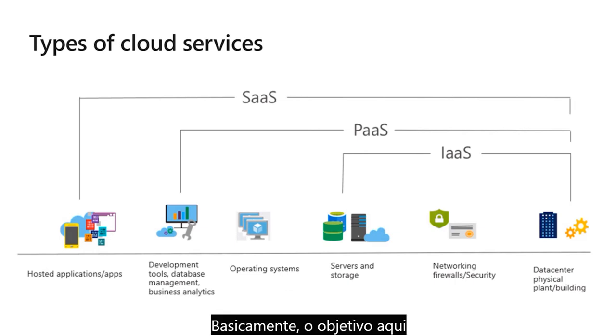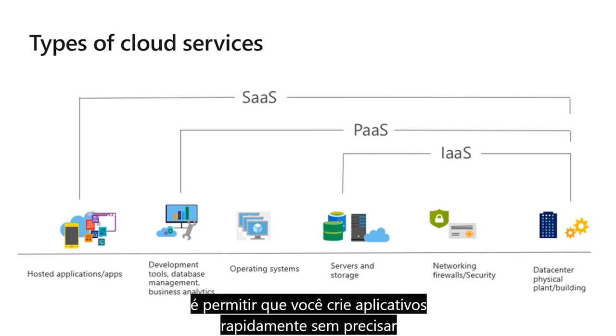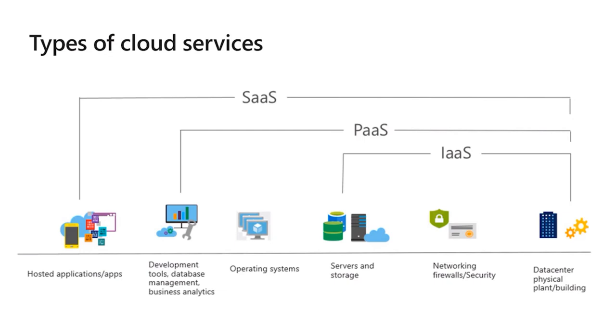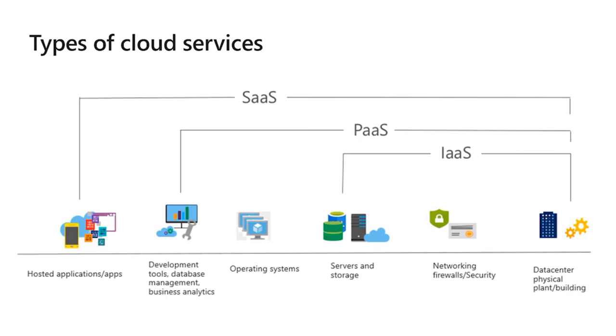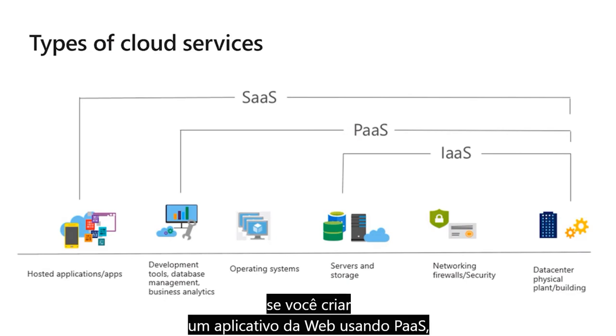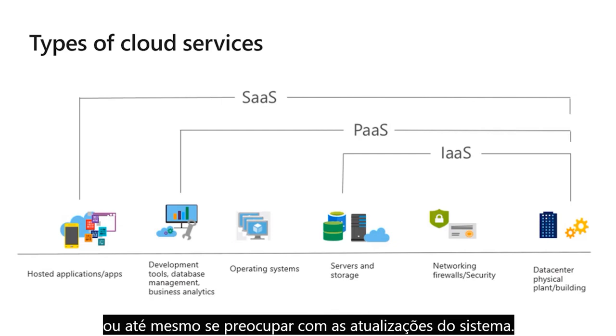And essentially the goal here is allowing you to build applications quickly without having to worry about any of the underlying infrastructure. So for example, if you were to build a web application using PaaS, you wouldn't have to install an operating system or a web server or even worry about system updates.